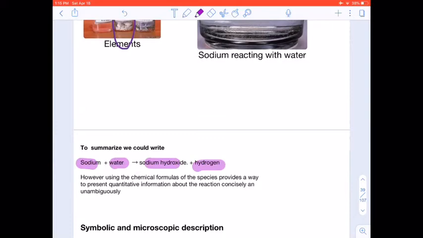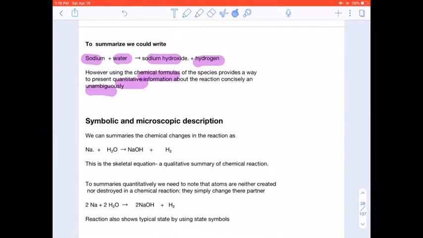So what we do is we say, using chemical formulas provides a way to present quantitative information about the reaction concisely and unambiguously. So we've got this reaction happening at a macroscopic level, and qualitatively we know that sodium plus water gives us sodium hydroxide plus hydrogen. But quantitatively, we need to know exactly what happens, how much of each particular entity reacts.